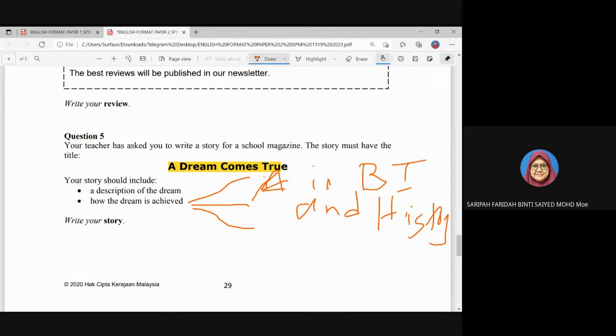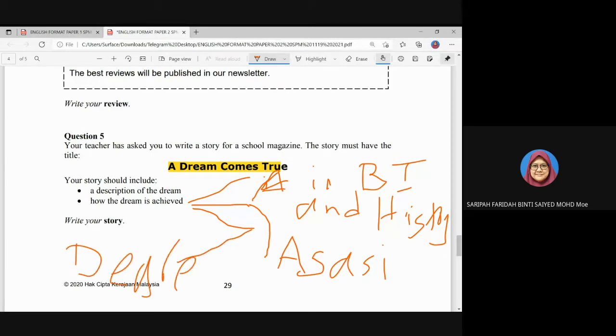Okay, and then number 2 lagi asasi. Number 3, degree. Number 4 baru chambering.